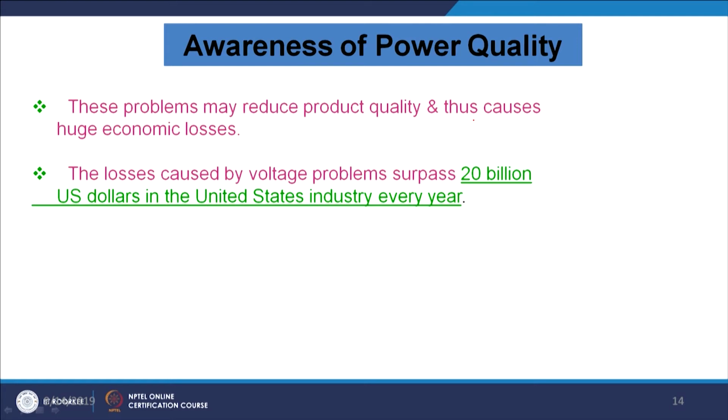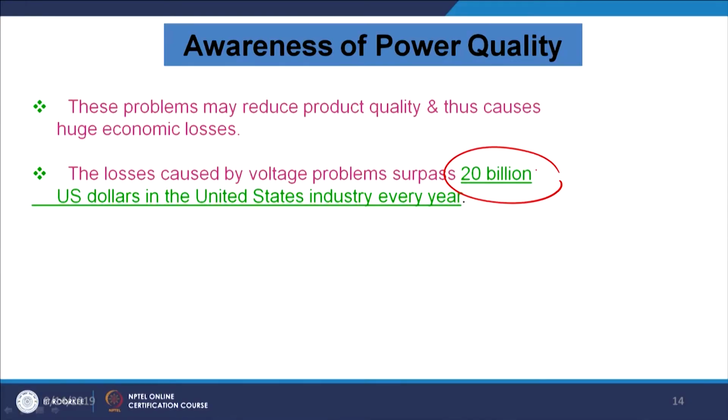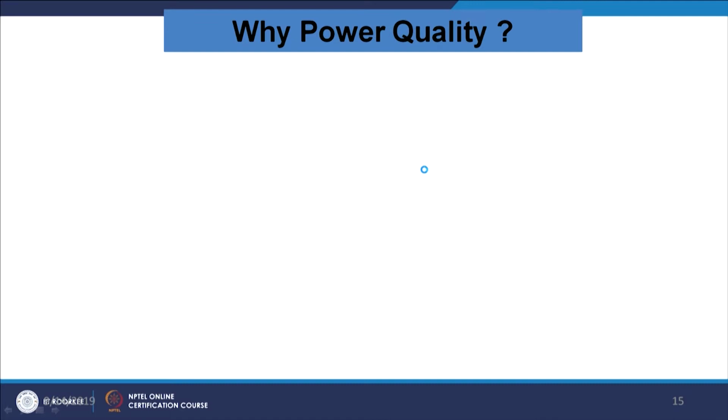You use power electronics for economic reasons and greater reliability and performance of the machine, but ultimately find that it is essentially reducing the cost of the component and it damages the component. The loss caused by voltage supply problems surpasses $20 billion in United States industry and service every year.